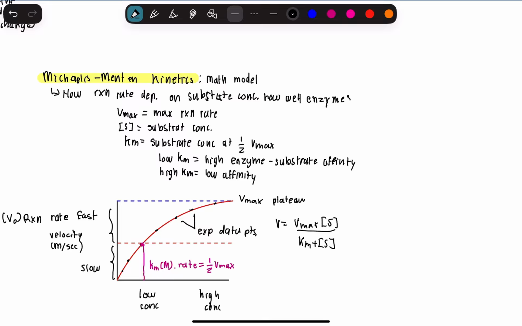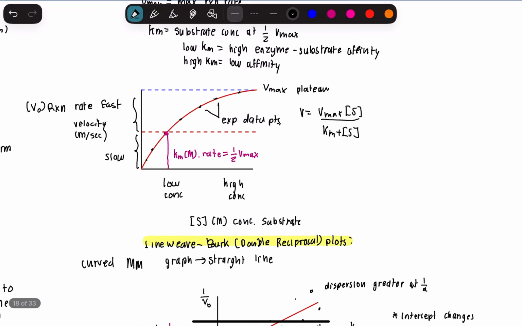Enzymes speed up reactions, okay? So Vmax is the maximum reaction rate of the enzymes, S is the substrate concentration, Km is the Michaelis constant.